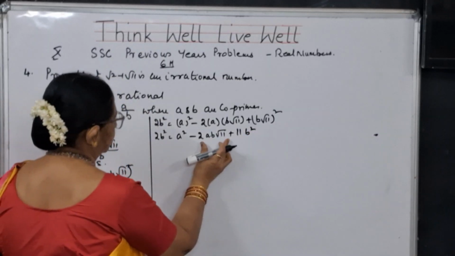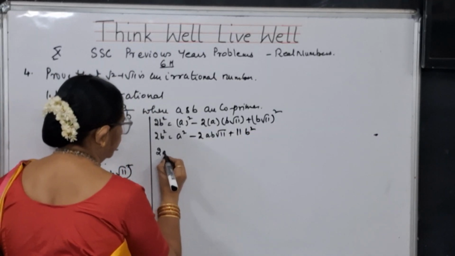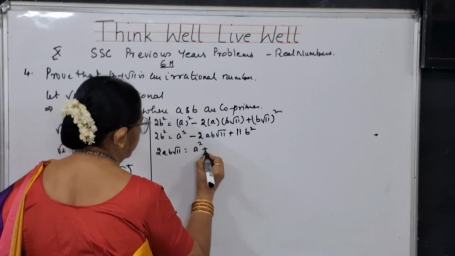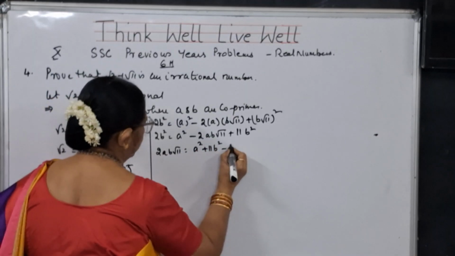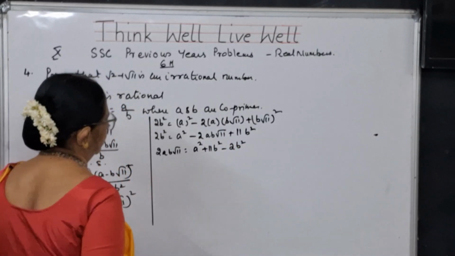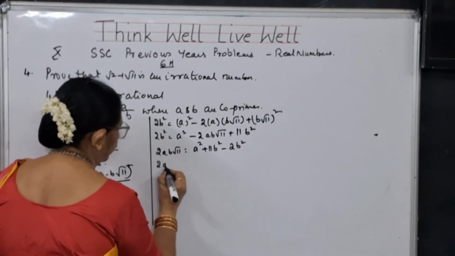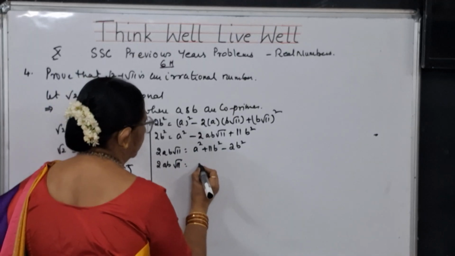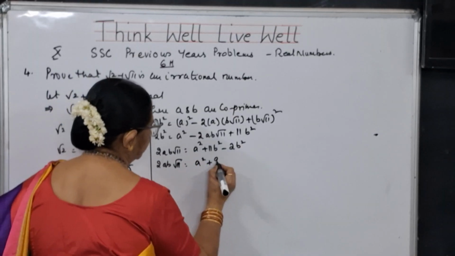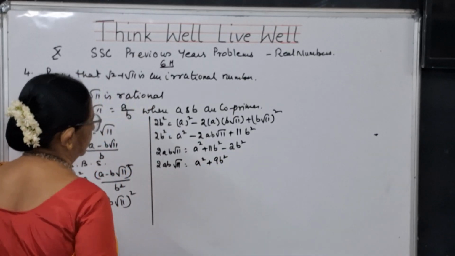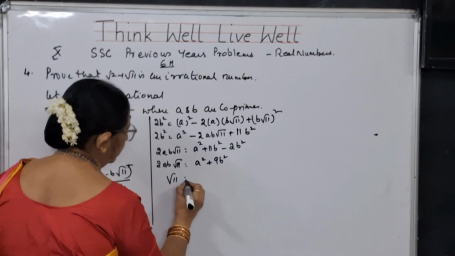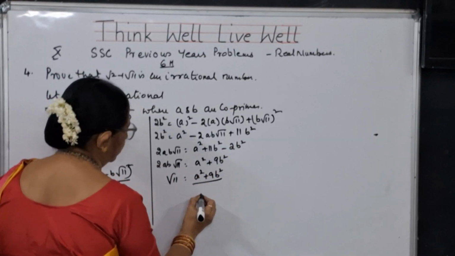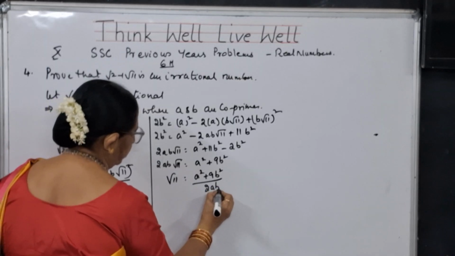So bring this minus 2ab, it becomes 2ab root 11 is equal to a square plus 11b square minus 2b square. So 2ab root 11 is equal to a square plus 9b square. So what is root 11? Root 11 is a square plus 9b square by 2ab.